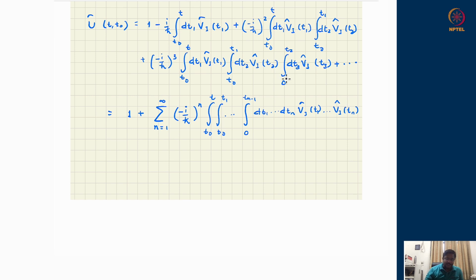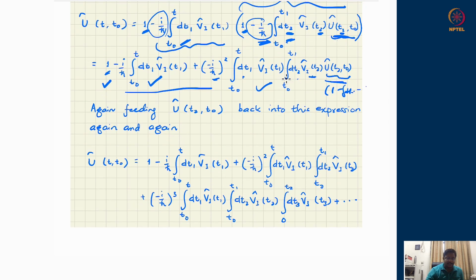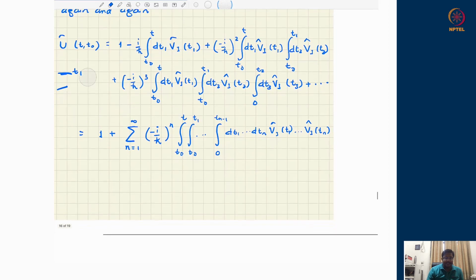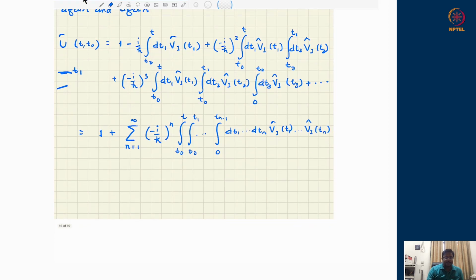And at the last step, you see the integration limit is shrinking. Initially it was the full range from t0 to t, then inside that the second integral came up with somewhere in between, some t1, and the integral ran from t0 to t1.